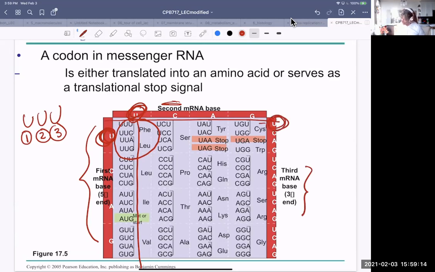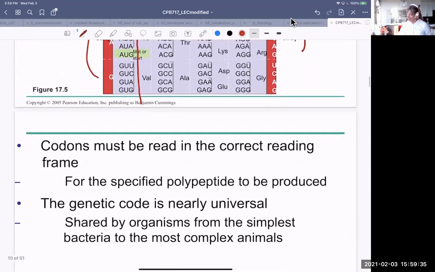We follow that along that row, and we end up finding the amino acid that corresponds to that codon, phenylalanine. So that's how to read the code. We'll do an exercise involving that later.